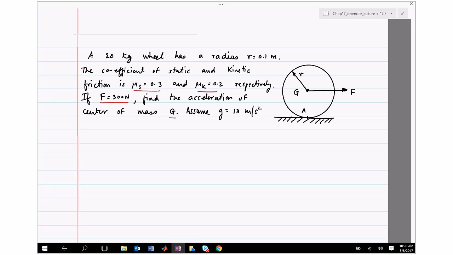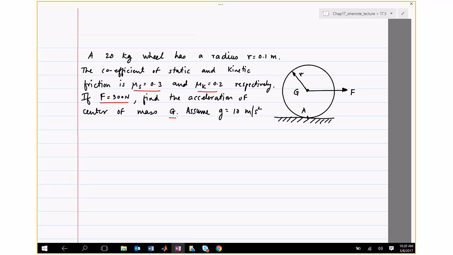So what I'm going to do is assume that it rolls. It's always good to start with that assumption as opposed to the other one. Then check if the condition for slipping is true. The condition for slip is friction force is mu times N, mu times mg.